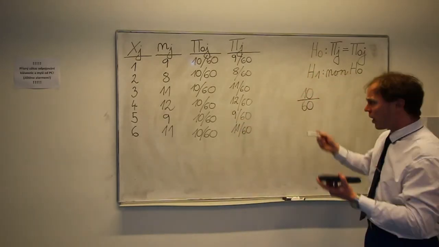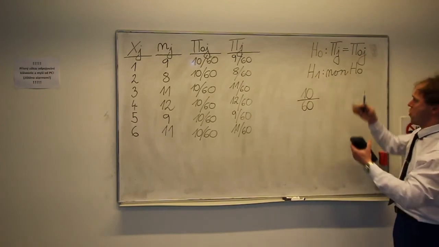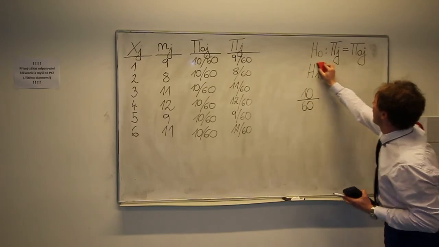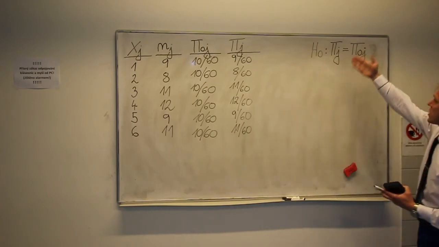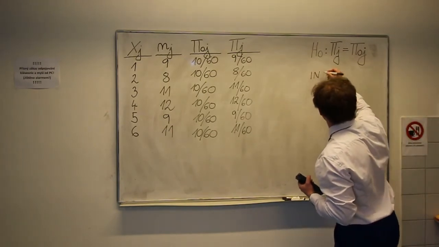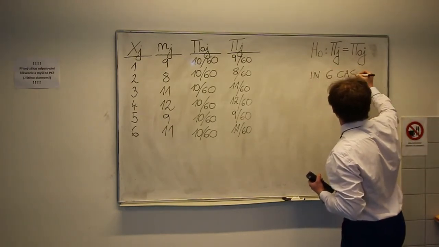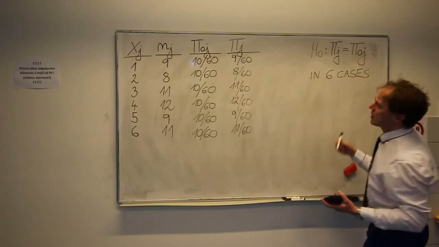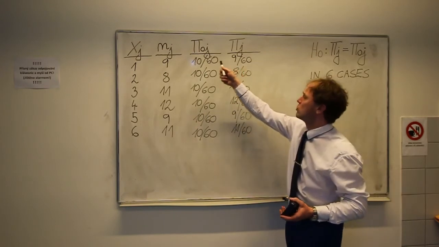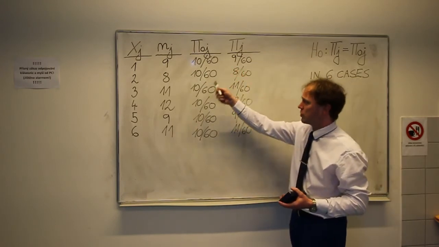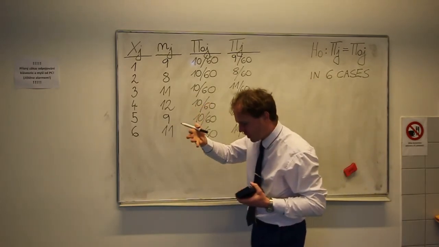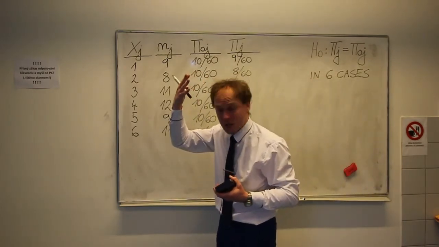Okay, so do you know what is the principle of this hypothesis test? The principle is that we are testing in 6 cases that this is equal to this is equal to this, etc. So we must evaluate the differences.